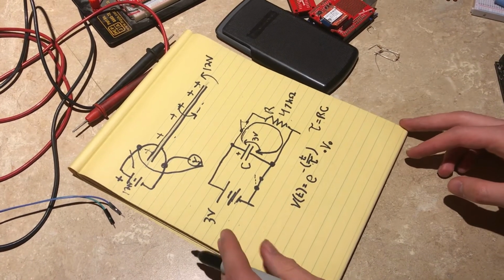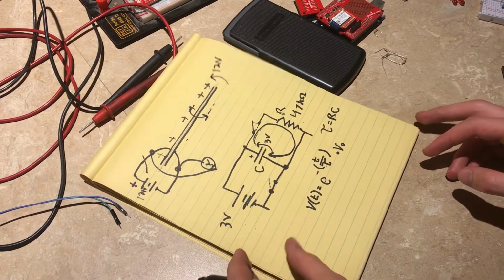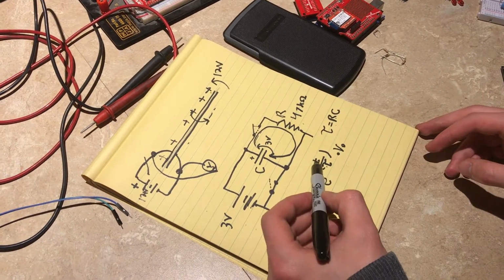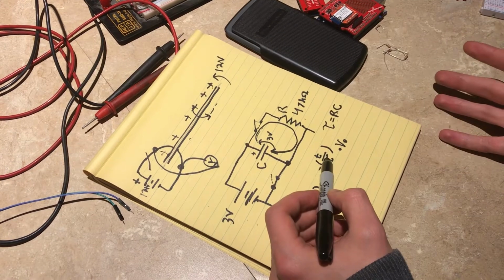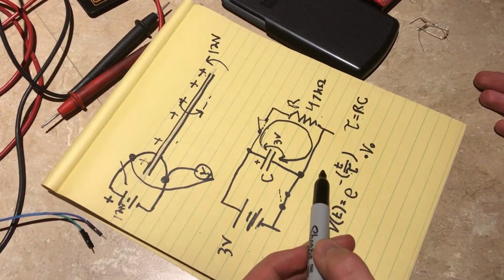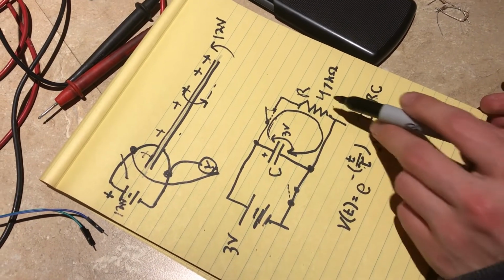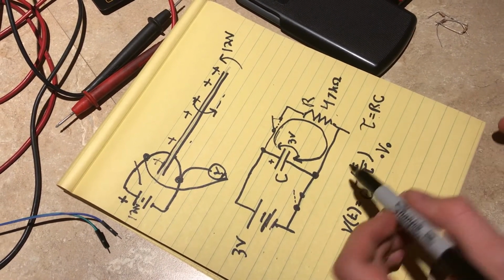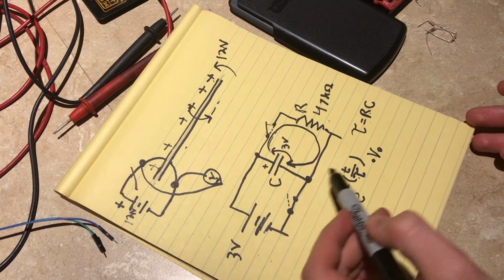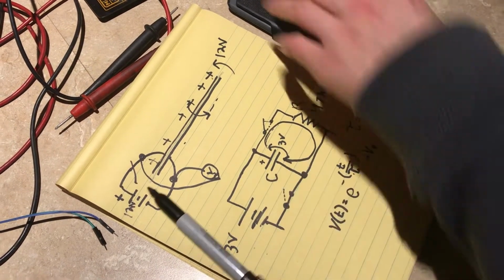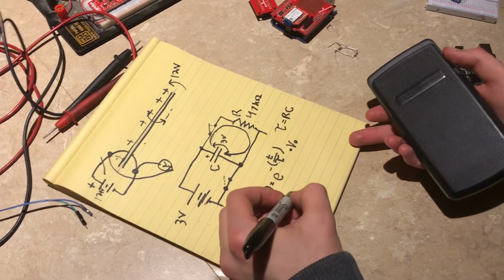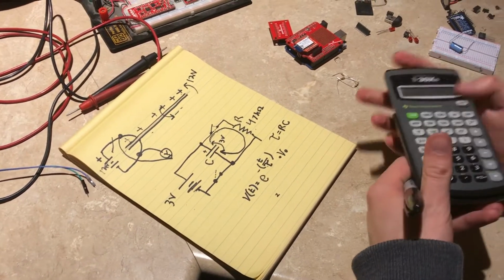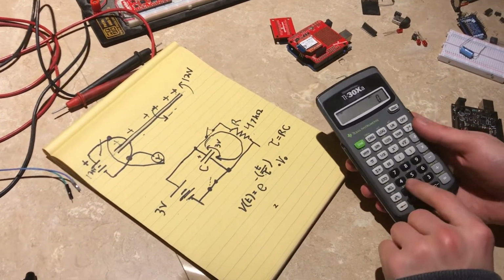So, real quick, let's say that one time constant has passed, or t over tau is equal to 1. That's not necessarily 1 second. You would have to multiply 47K by whatever capacitor you have to get that. So let's do it. One tau has passed, and we'll just see what it would be as a percentage.